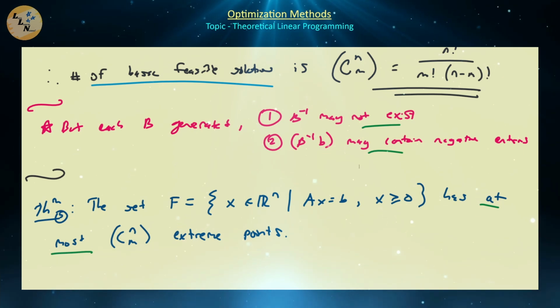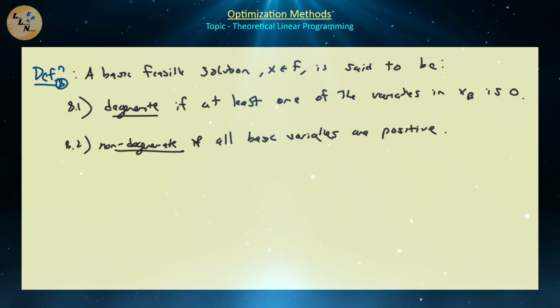So now that we have that, that gives us practically all the tools that we need to state our last definition and also the last two theorems that pretty much lay down the entire foundation of what we're going to talk about next in this series. So let's again consider our basic feasible solutions, and let's call them x, and assume that they belong to the feasible region F. In some sense, we're looking at the corner points or extreme points of our region.